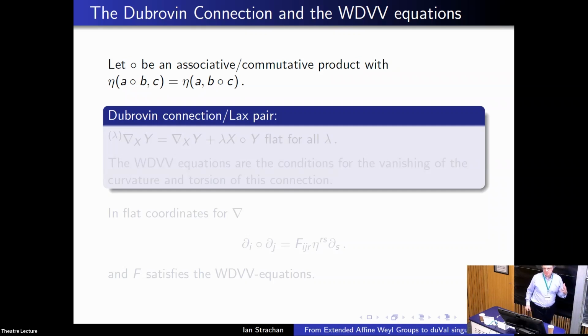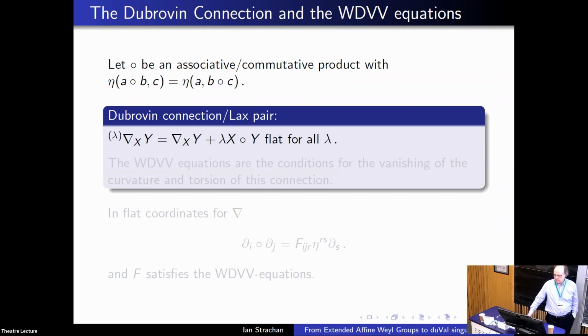I'm going to write down a differential geometric definition, from which follow the equations if you write them out in a particular coordinate system. So for me, the central object here is what's called a Dubrovin connection, or a Lax pair.